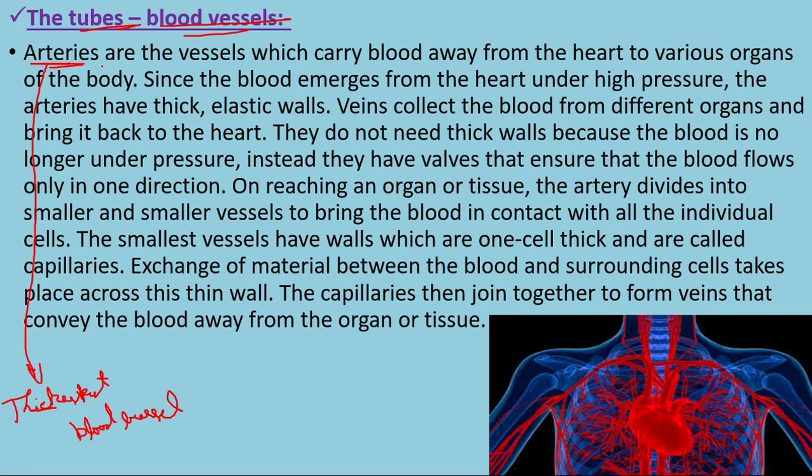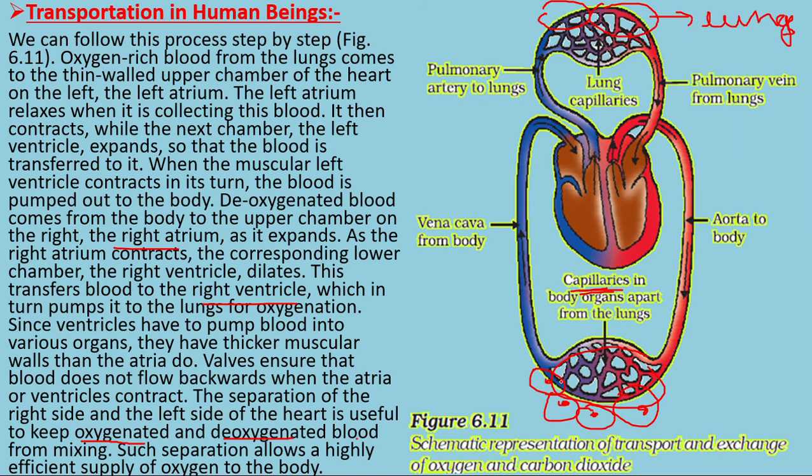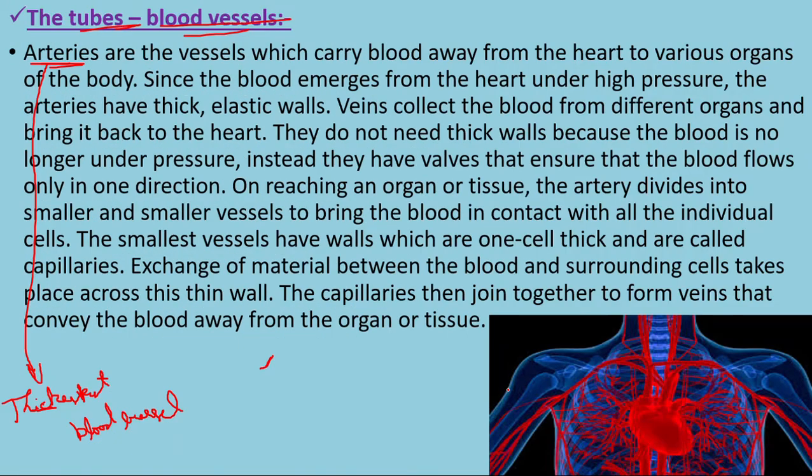Blood vessels have thick walls. So they get divided and divided. When they reach the end of the body, they are in capillaries. Capillaries, as I said before, they are here. These are called capillaries. They are very minute blood vessels, of almost cell size.